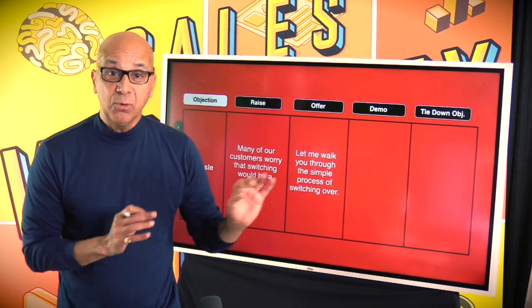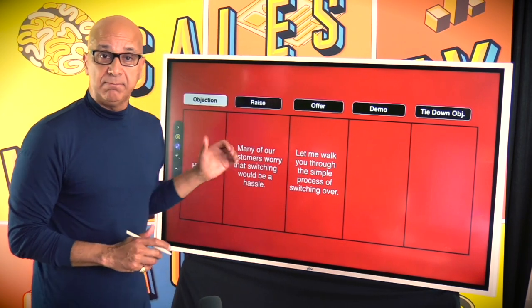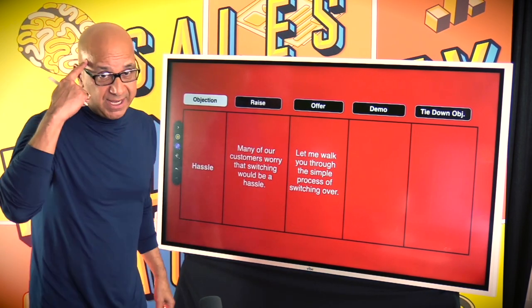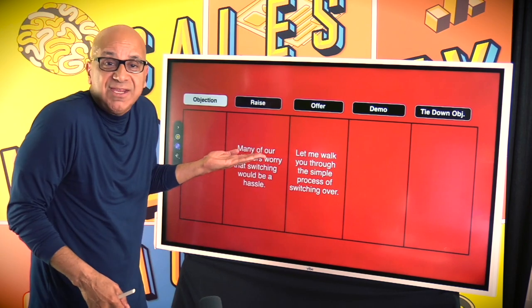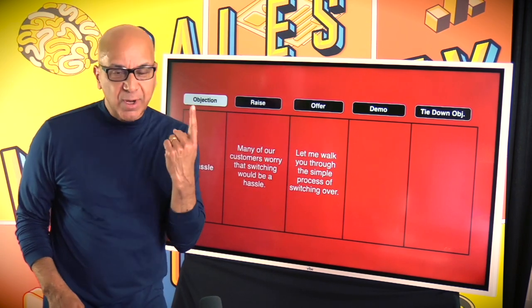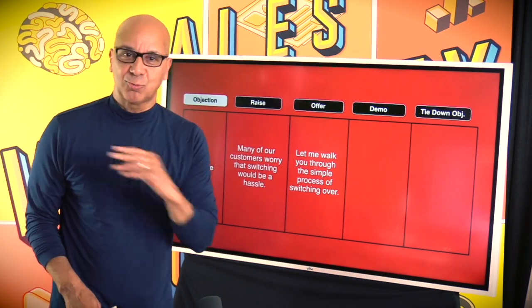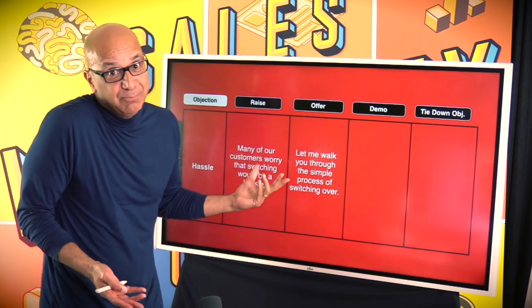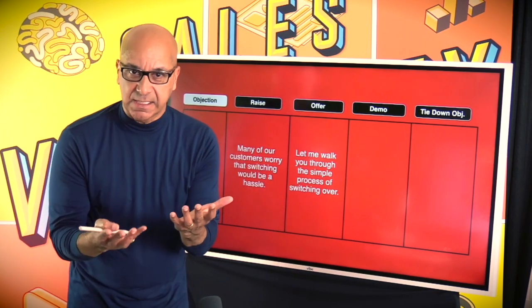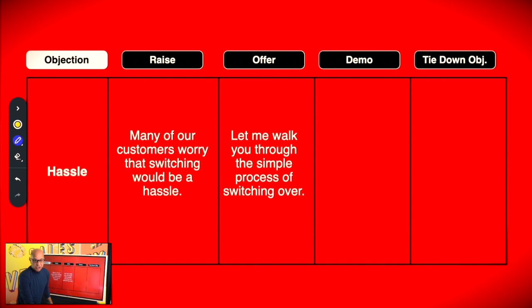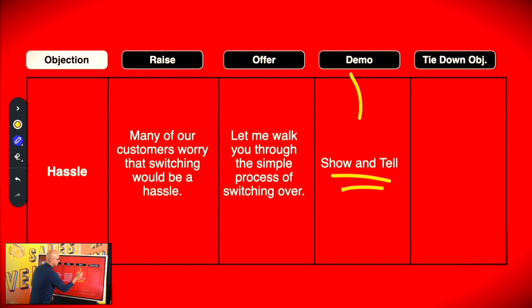Now, slow this movie down. Because I know this objection's in their head, because I raised it, first of all, it's a credibility builder, a trust builder right away. They're thinking, well, I'm glad he brought it up because I was afraid to say it. And then you offer to resolve. Now, this part I can't help you with because you'll have to show and tell them. I call this the demo piece.